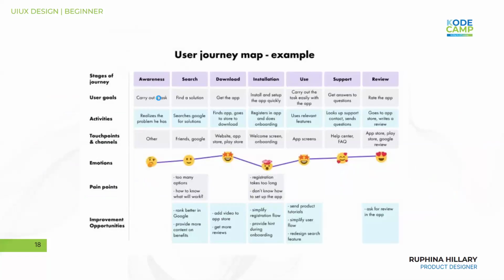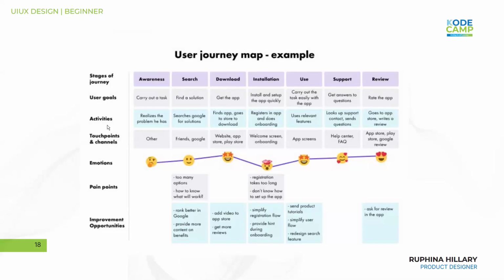So what are their goals is to carry out a task. Search, they want to find a solution. The download, they want to get the application. Installation, they want to install and set up the application quickly. Use, they want to carry out the tasks easily with the application. Support, they want to get answers to their questions. Review, they want to rate the application.